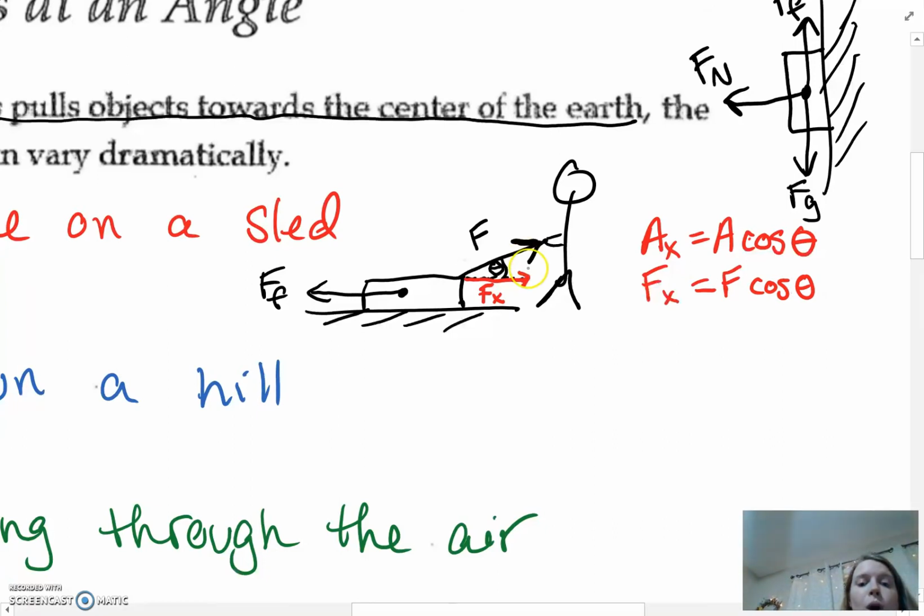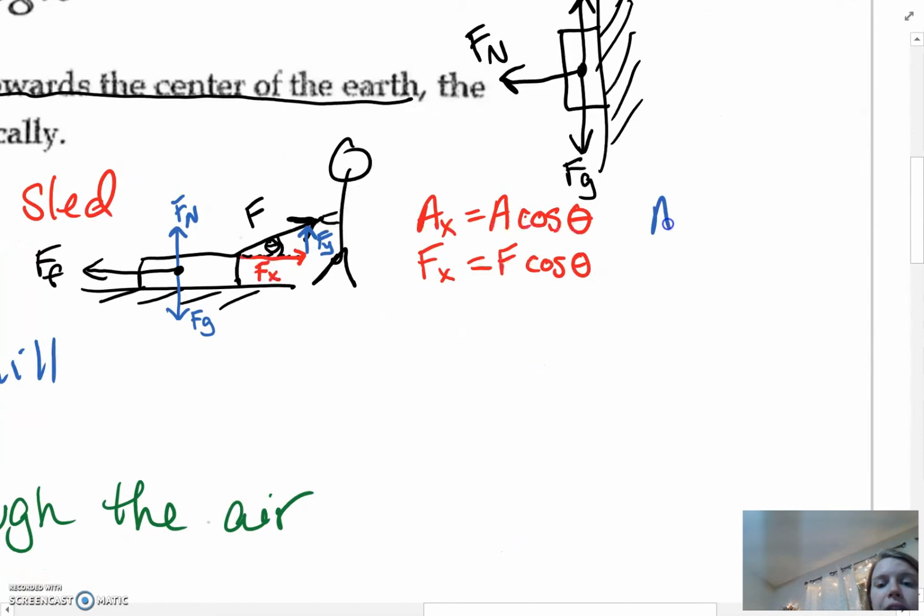The same goes for the y component. So some amount of this force is balanced by the force of gravity in addition to the normal force. So there's some amount of the force in this upward or y direction that we can find the component to really easily, just like we did before with this formula on the reference tables, Ay equals A sine theta.